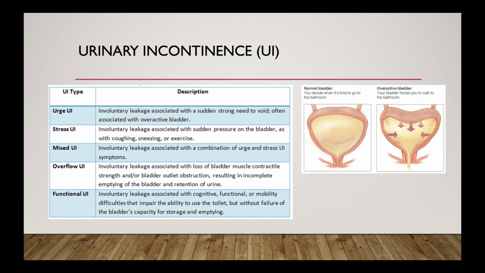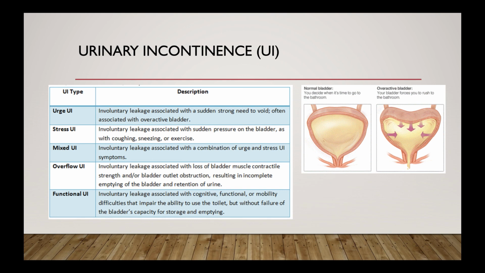Overflow urinary incontinence is a leakage associated with the bladder muscle contractile strength or an outlet obstruction. This is common. You'll see urinary leakage in a patient that has BPH, the hypertrophy of the prostate, whether due to cancer or not.